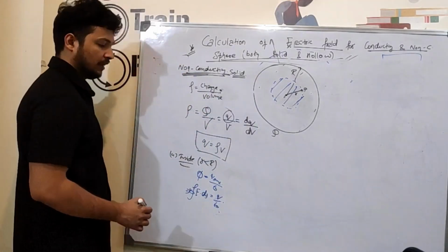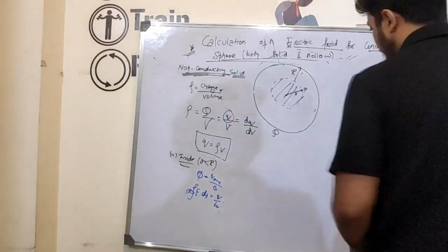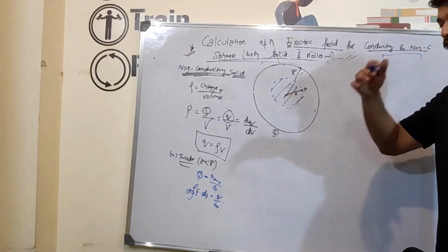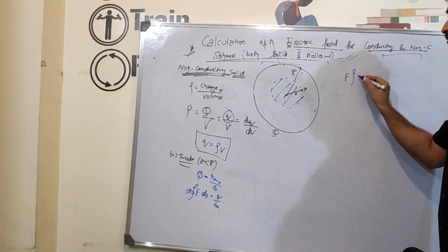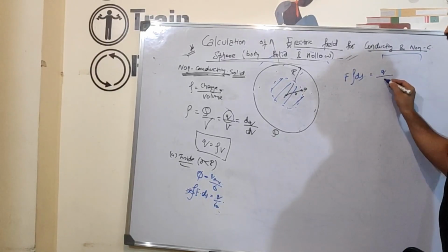You can see the electric field again is going to be symmetric, and it will come out of the integration. That means E dot ds will be equal to charge q divided by epsilon naught.